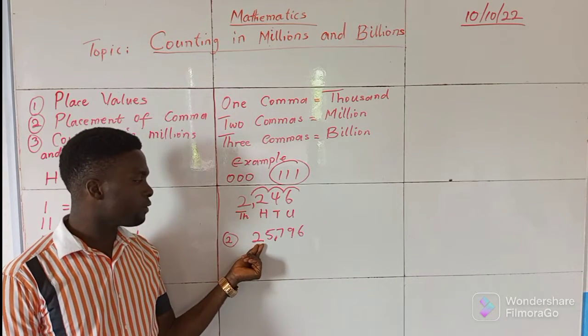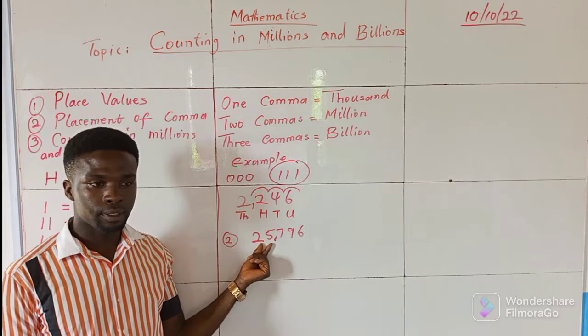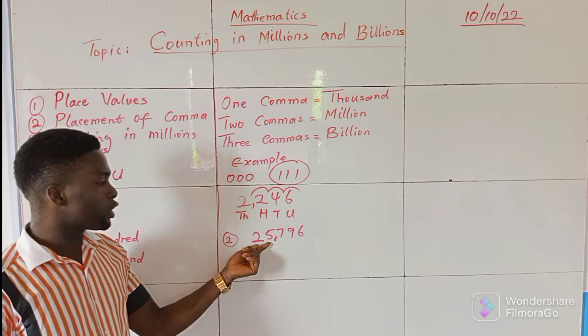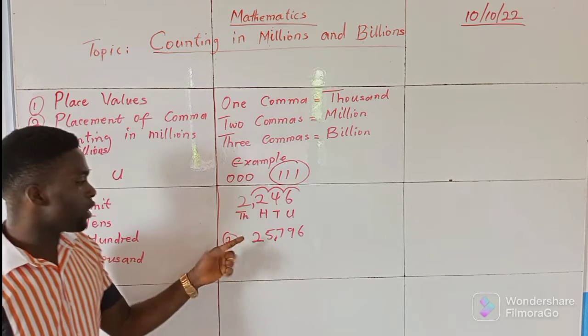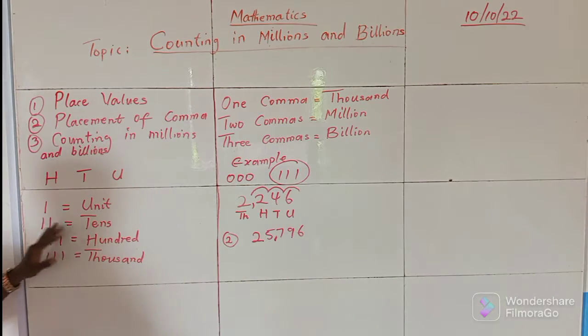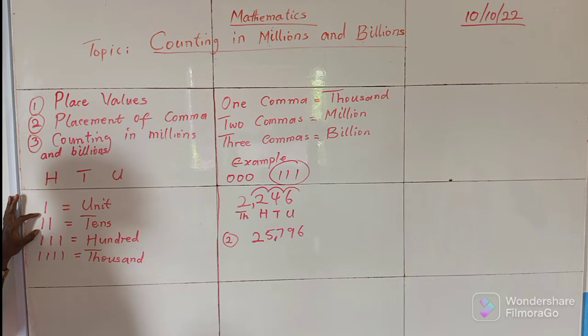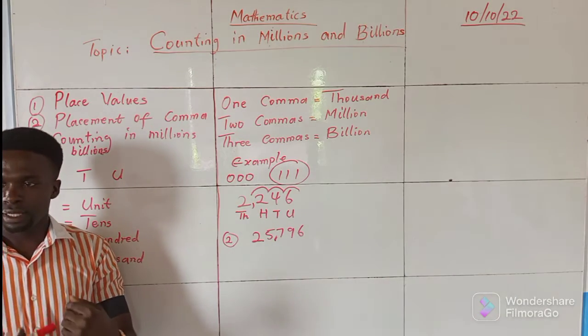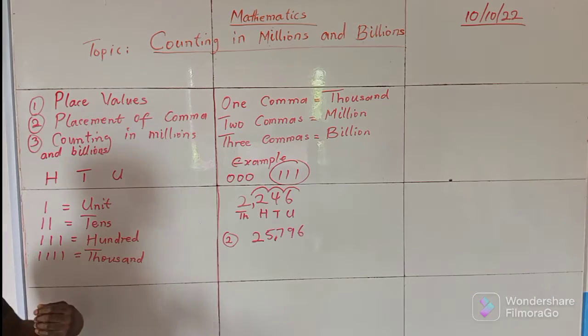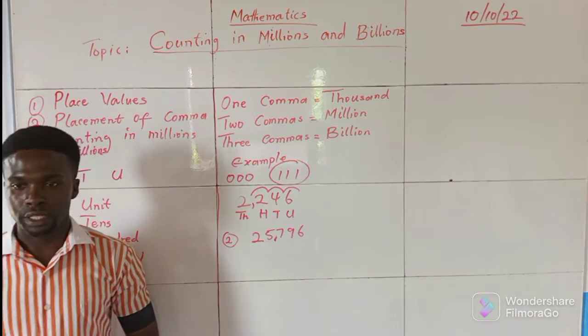Here you see that you have 25. Okay? Now these two numbers, you are back to units and tens. When you have two digits, it is what? Tens. So you have 2 digits here. You are coming back, isn't it? You are now back to your hundreds, tens and units.